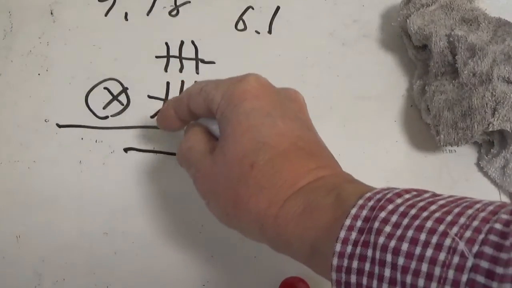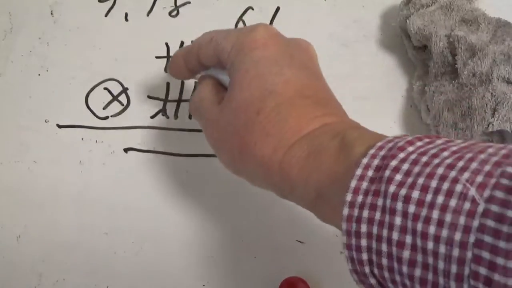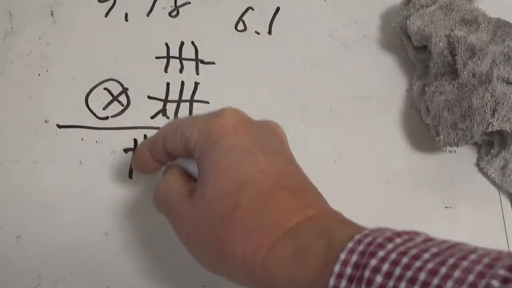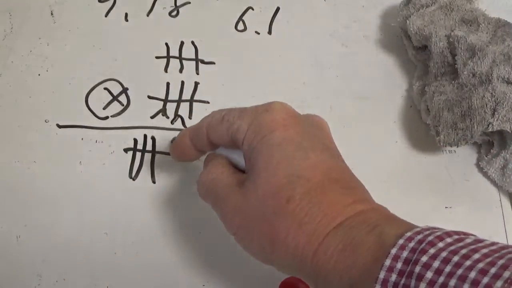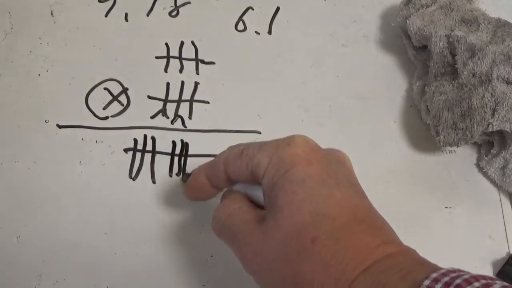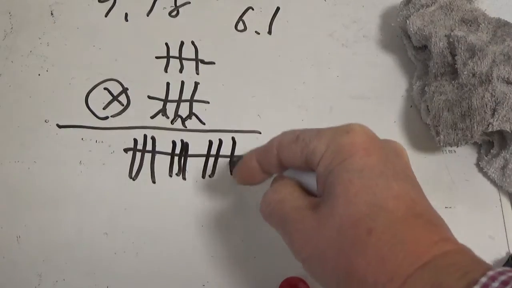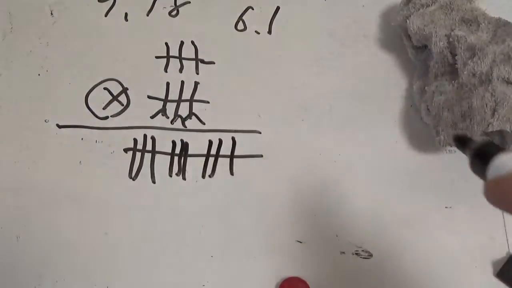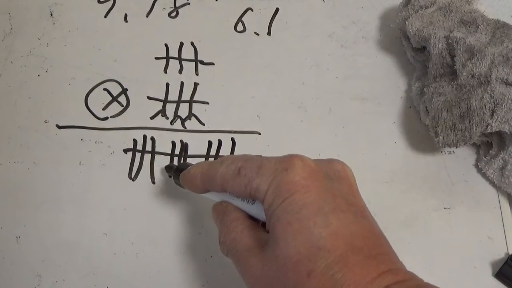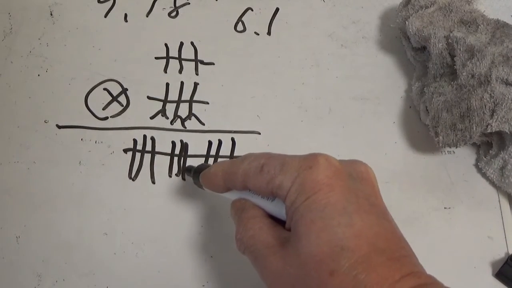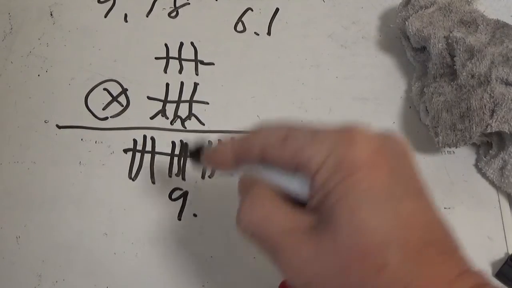So 3 added to 0 once, and twice, and 3 times. That is 3 multiplied by 3. So it is 1, 2, 3, 4, 5, 6, 7, 8, 9. This is 9.